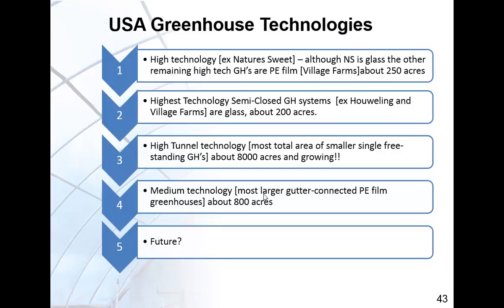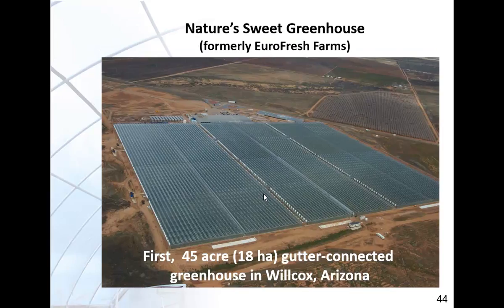The future remains to be seen how our technology will evolve. However, we know number 3, the high tunnels, are being used by many, many growers growing small numbers of acres under each greenhouse. An example of Nature's Sweet greenhouse in Arizona.